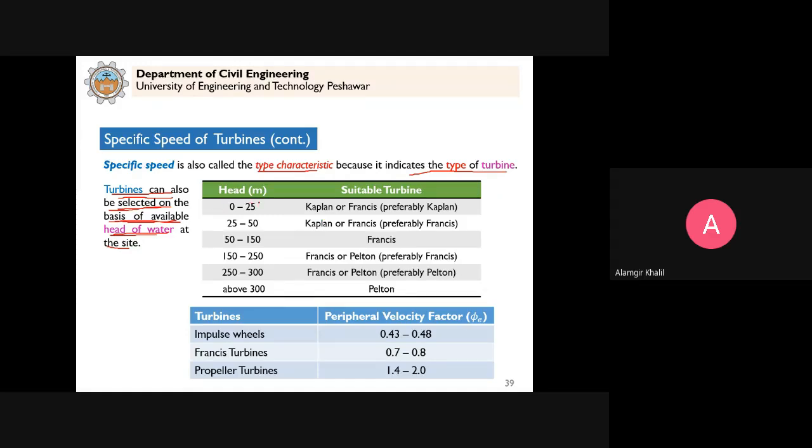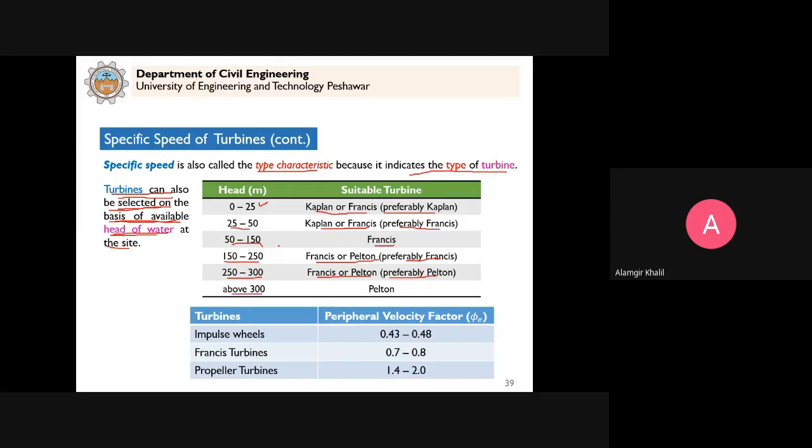So we say that if the head is 0 to 25 meter, you can select Kaplan or Francis, preferably Kaplan. 25 to 50 meter, Kaplan or Francis, preferably Francis. 50 to 150, the suitable turbine is Francis. And as the head increases, then you can see Francis or Pelton, preferably Francis. 250 to 300, Francis or Pelton, preferably Pelton.